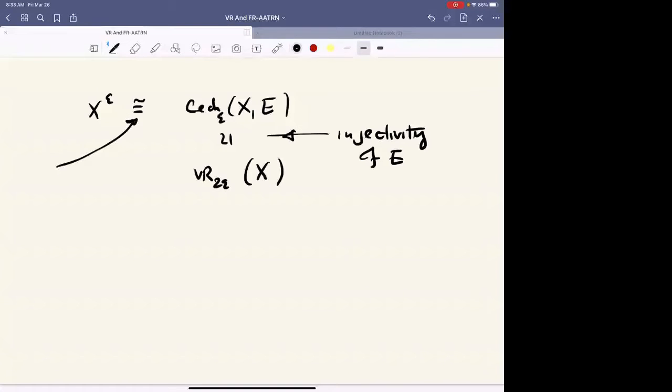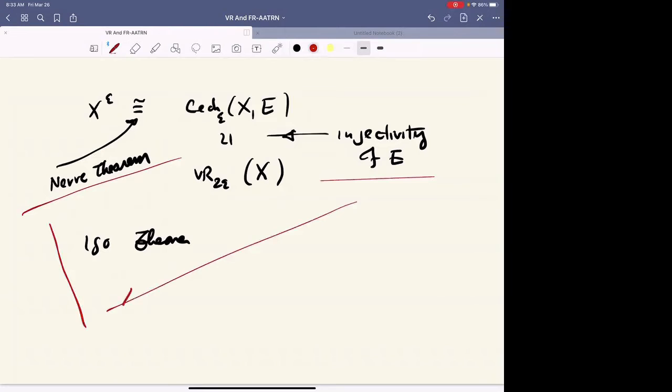And for that step is where you have the nerve theorem. So the isomorphism theorem requires you to come up with functorial versions of that.